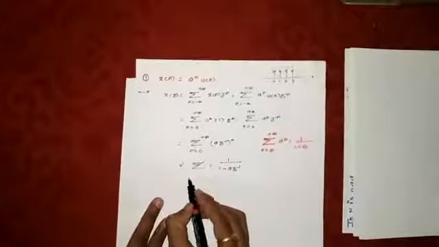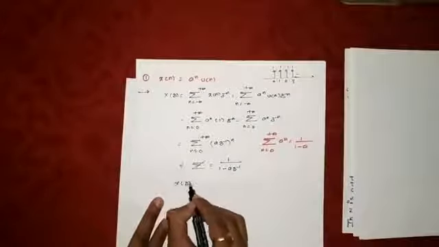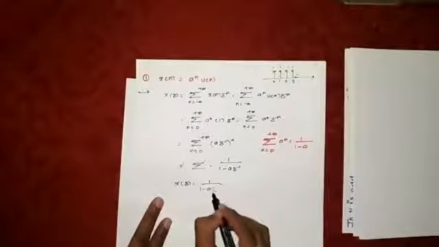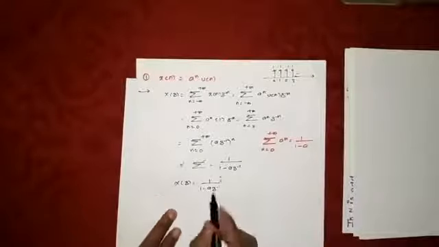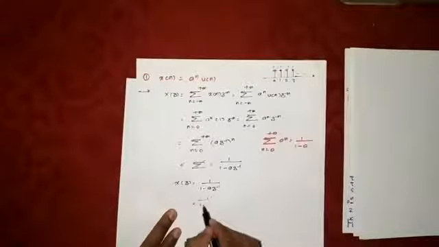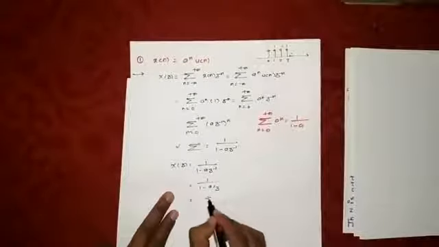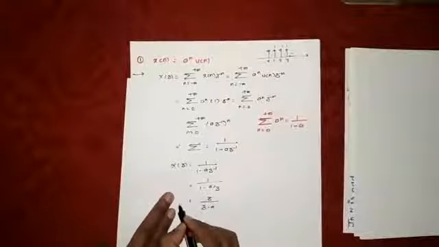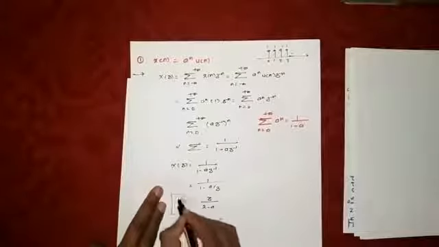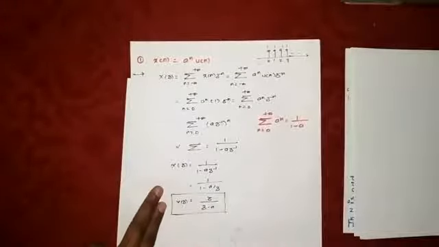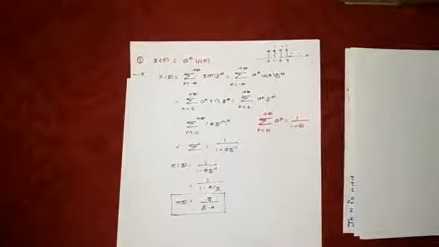That is nothing but, we can write X(z) is equal to 1 divided by 1 minus a into z inverse. If I simplify this, we can write 1 minus a by z, that becomes z divided by z minus a. So this is our Z transform for the given function.